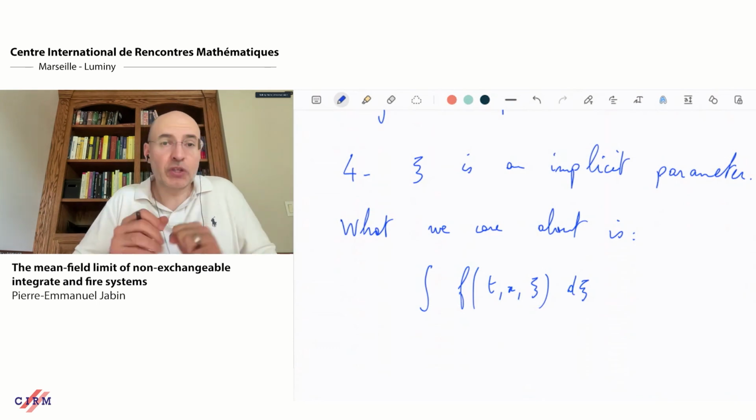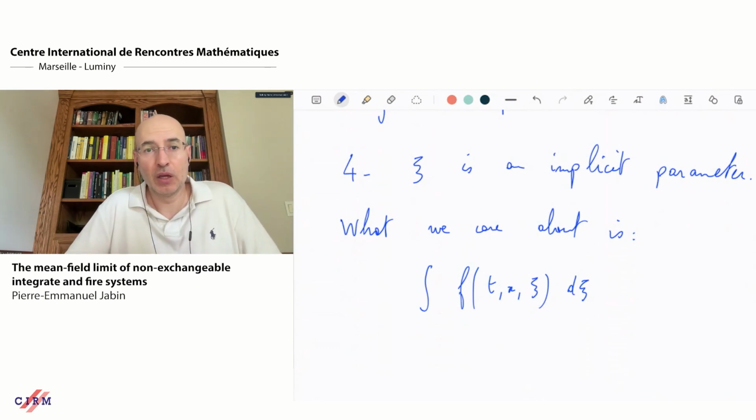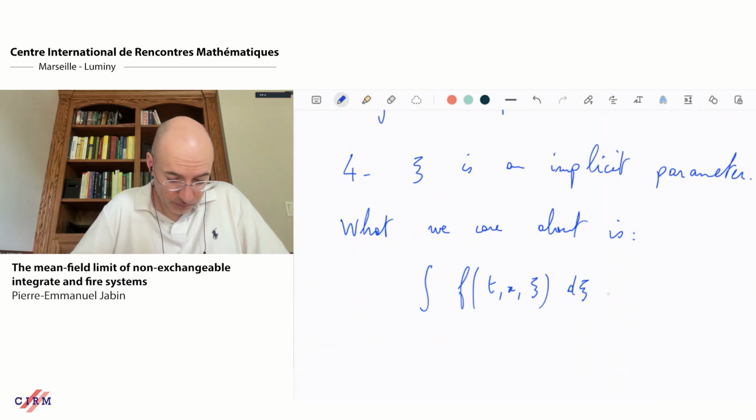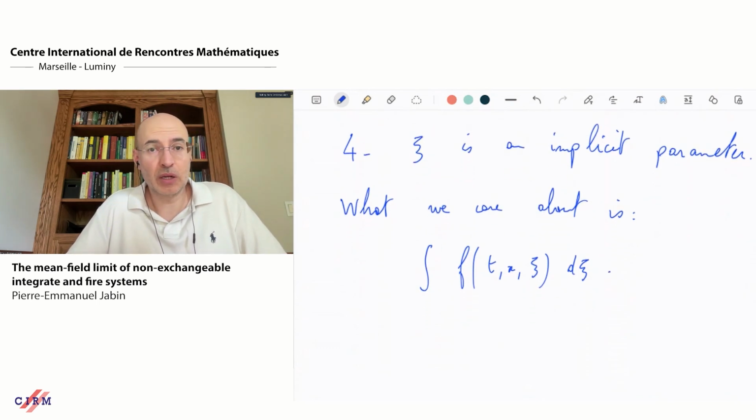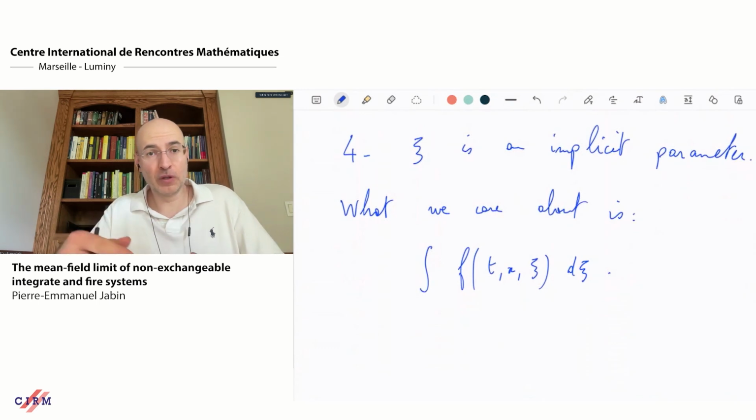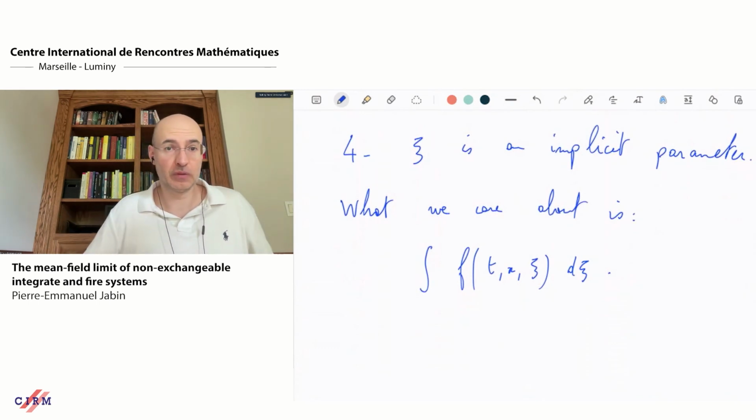So this is the object that we care about. And so very obviously, I can reshuffle the indices, I can reshuffle the psi in this equation.